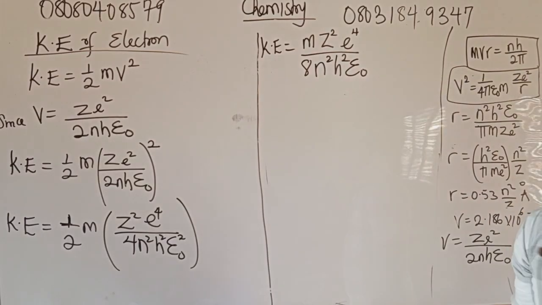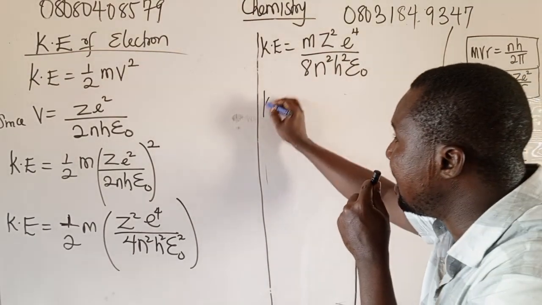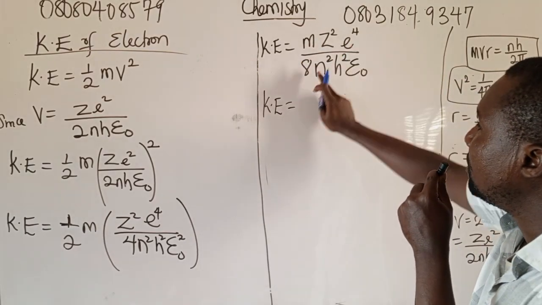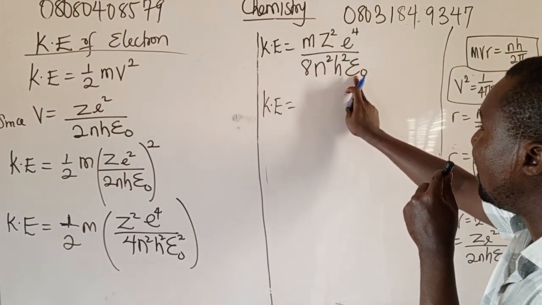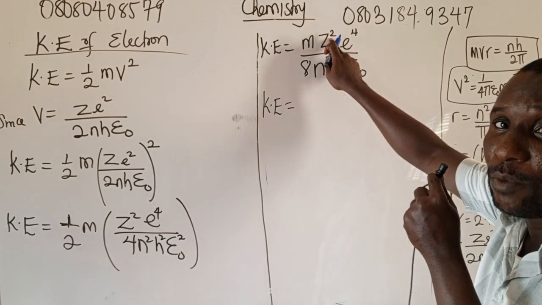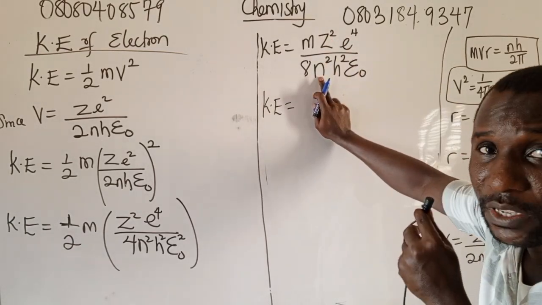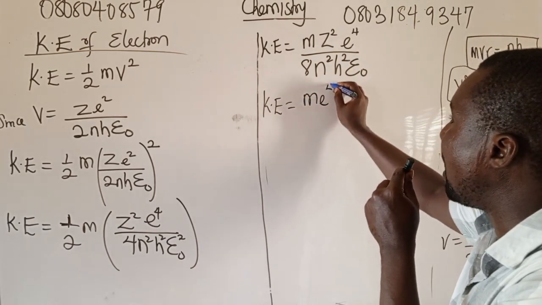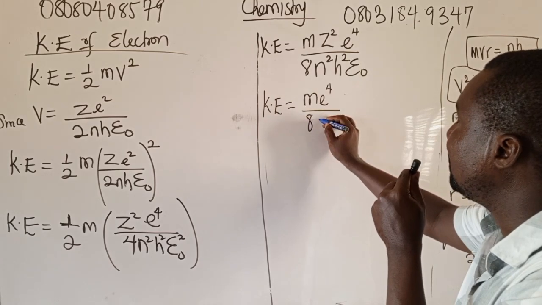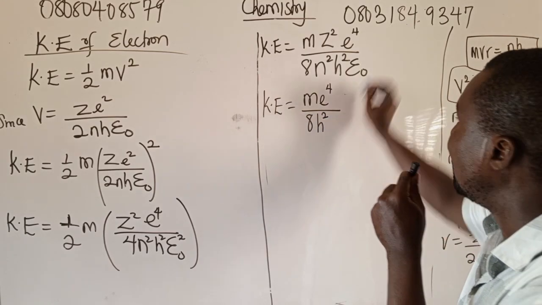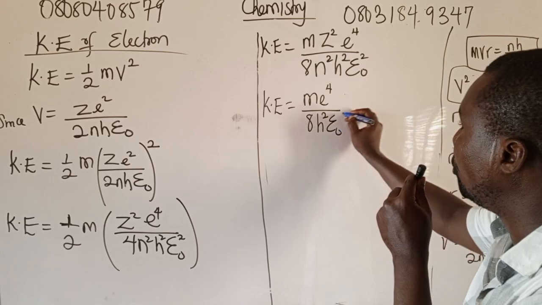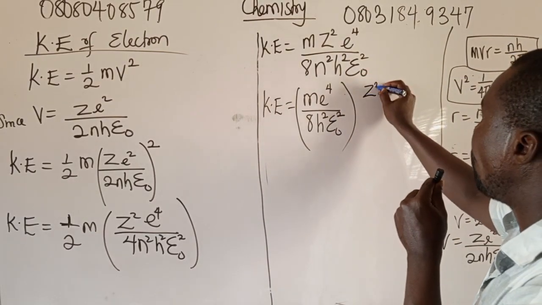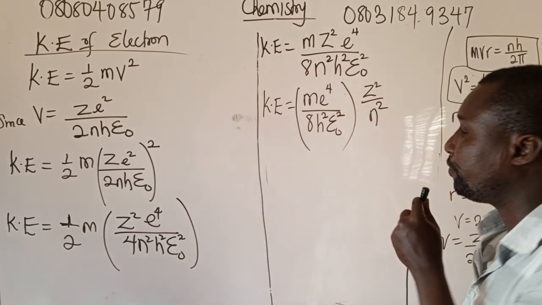Collect the constants. Kinetic energy equals the constants: mass, e, 8, Planck constant, epsilon naught. They are constant. I told you Z is the atomic number, it varies. n is the number of the shell, it varies. They are not constant. Collect the constants, and we have m e raised to power 4 over 8 h squared epsilon naught squared, then Z squared over n squared.